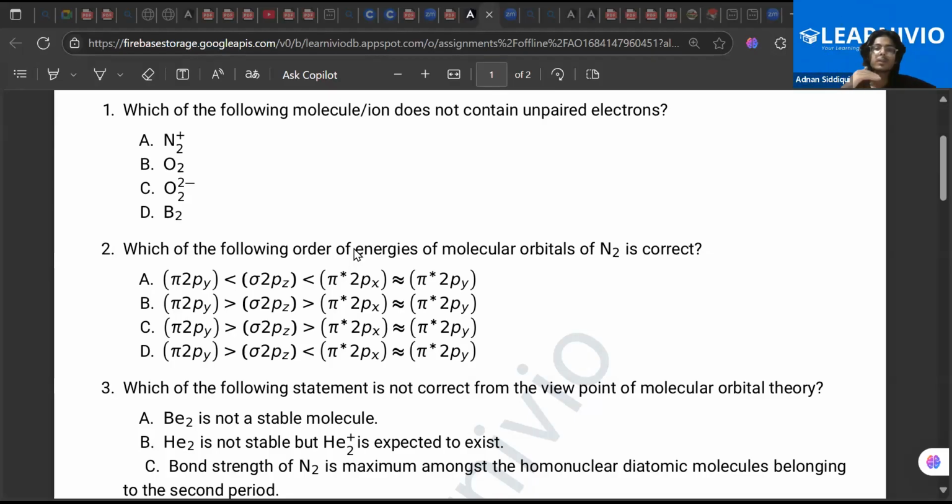So you have to choose the correct option. N2 has a total of 14 electrons. So in the case of 14 electrons, the sp mixing is included. Okay, good.